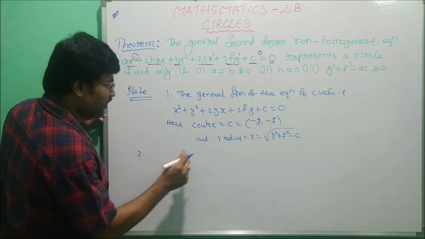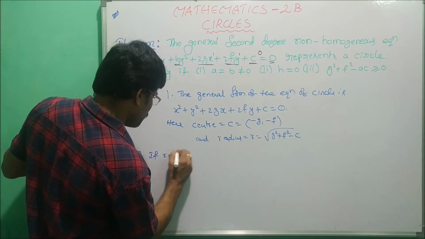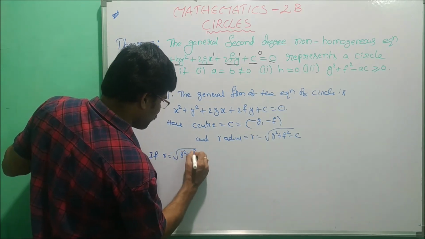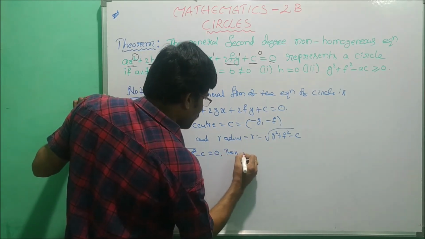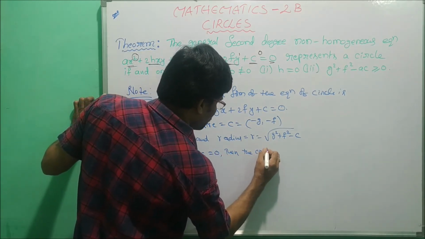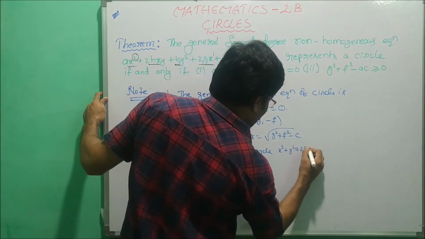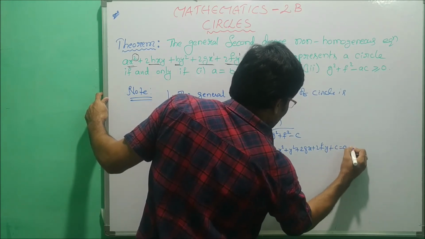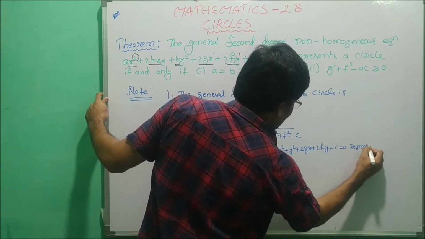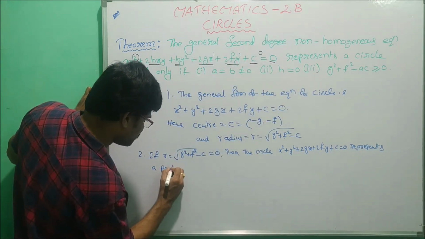Now the second one: we take radius equal to 0. If r = √(g² + f² − c) = 0, then the circle x² + y² + 2gx + 2fy + c = 0 represents a point circle.